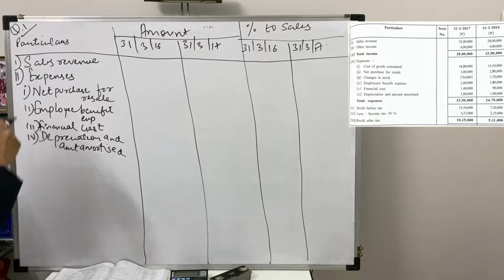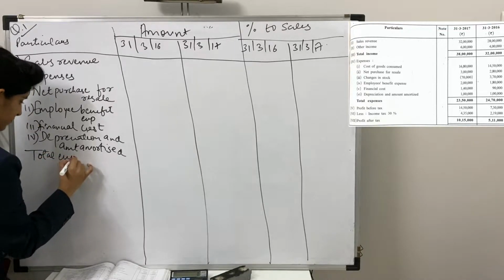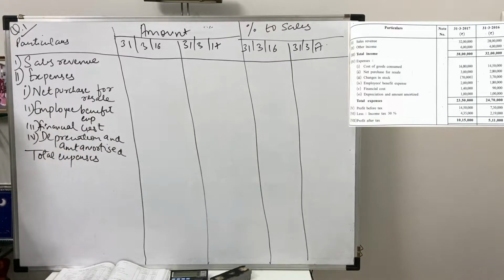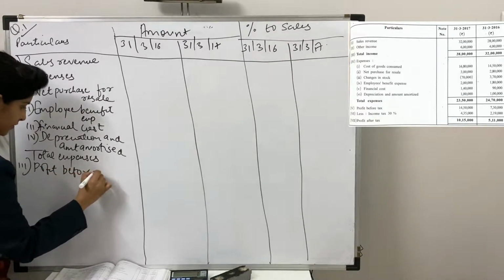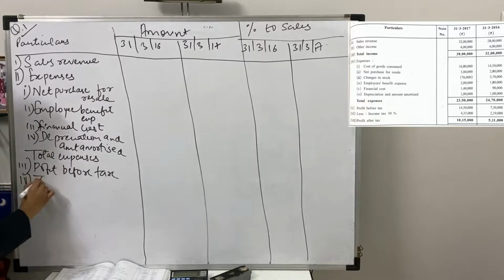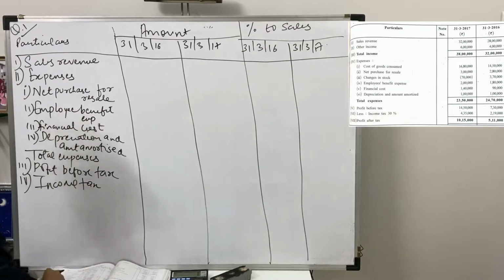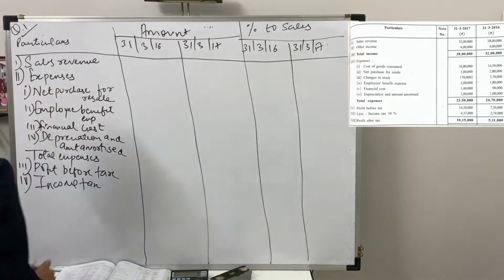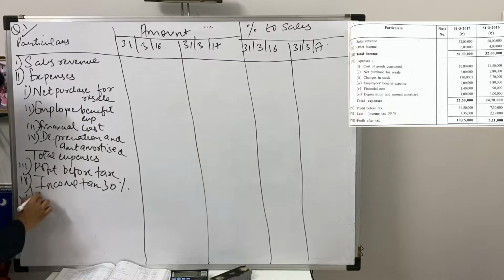Now, next we'll write the total expenses. We'll add all this. Next, according to the format, is your profit before tax. Next thing is your income tax. Income tax is given in the question as 30%. And the last thing is your profit after tax.